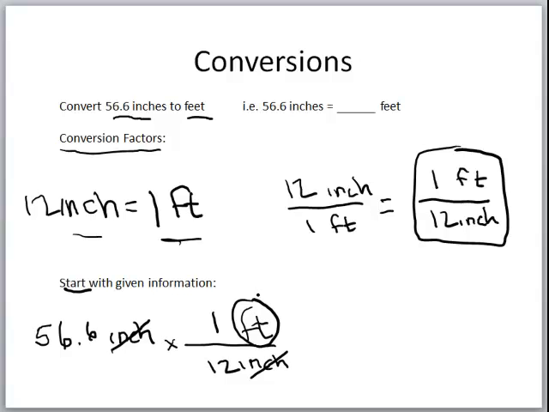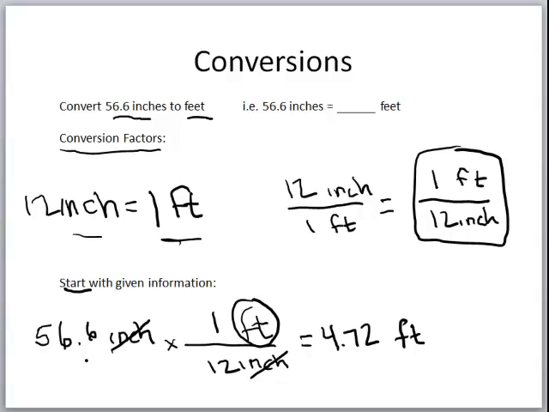So when we do the math here, let's get our calculators out and take 56.6 inches and divide by 12, and we get 4.72. So we get 4.72. And again, the unit that's left is feet.